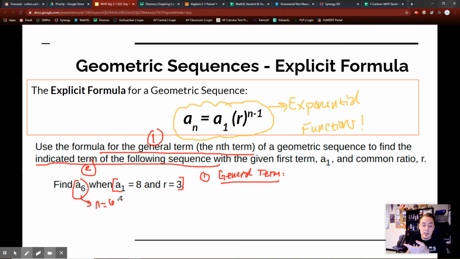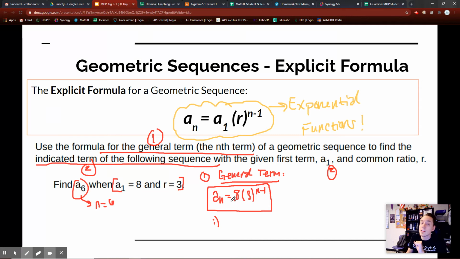So I'm going to use a sub 1 and r in my formula, but I'm not going to use 6 as n until step 2. So a sub n equals my first term, 8, times 3 to the n minus 1. This is my general term formula.